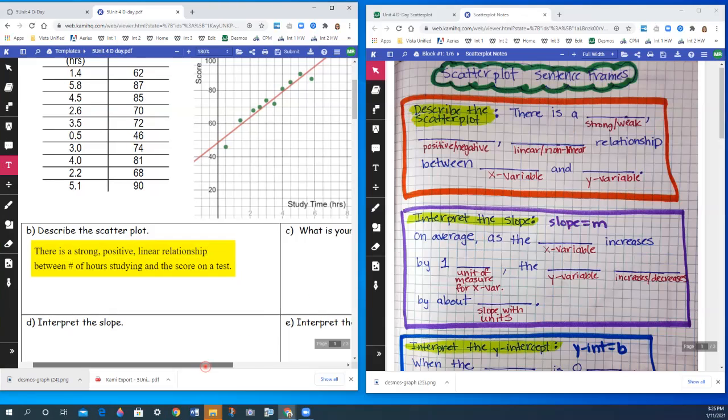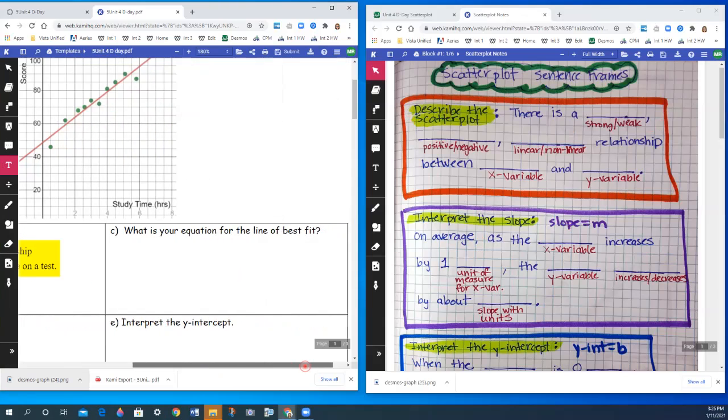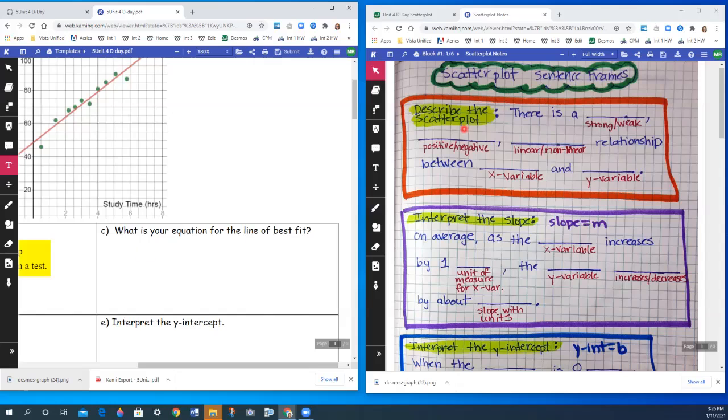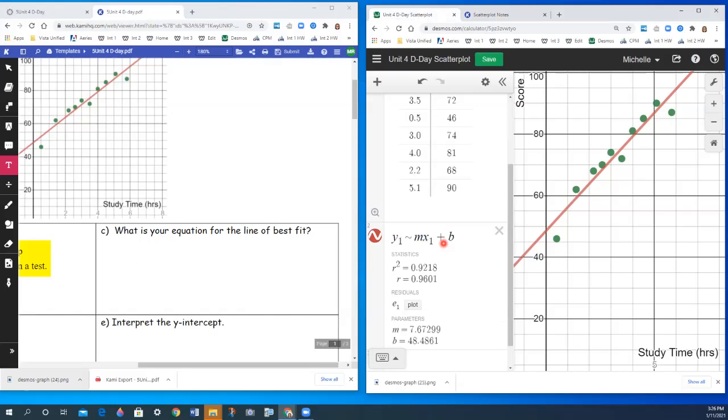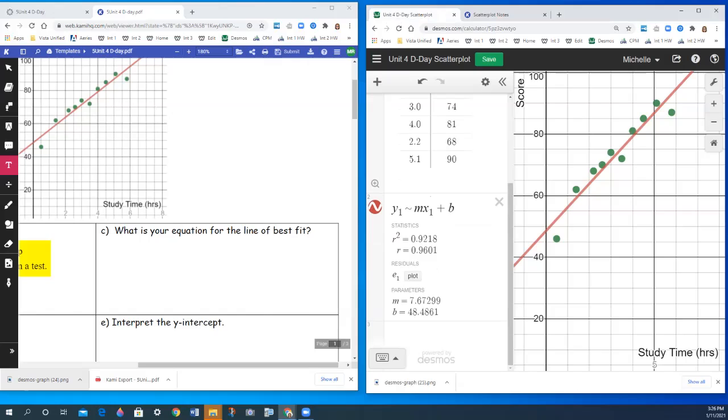Okay, now the next thing I'm going to do is find our line of best fit. So I'm going to come back here, and again I am going to be looking at my M and my B to help with my equation. I'm going to write y equals, giving two numbers after the decimal, 7.67x plus 48.